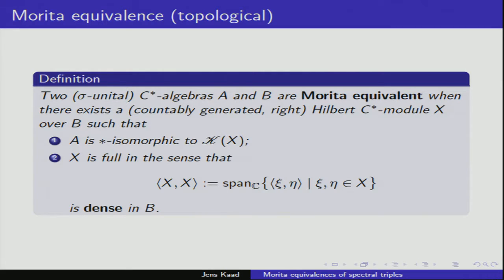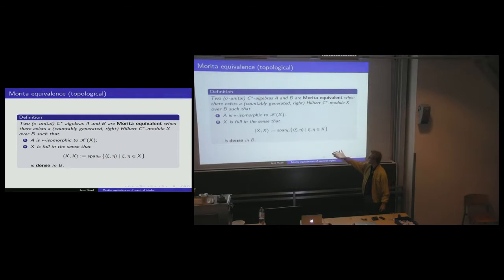So there's this inner product which takes values in B, and I can look at the star subalgebra of B generated by elements of the form ⟨ξ, η⟩, where ξ and η are in the module. And I'm just requiring that this star subalgebra is norm dense in B. Then we say that A and B are Morita equivalent.